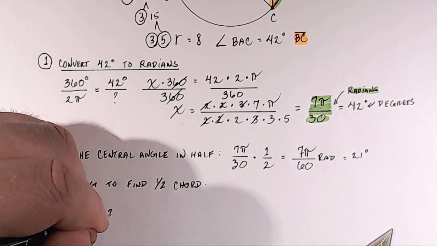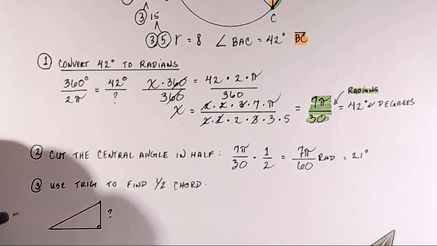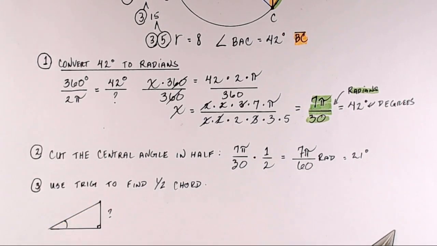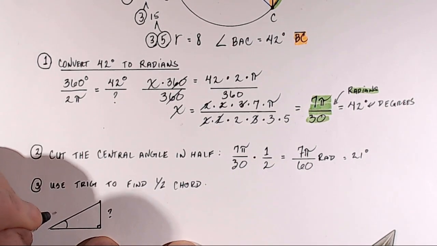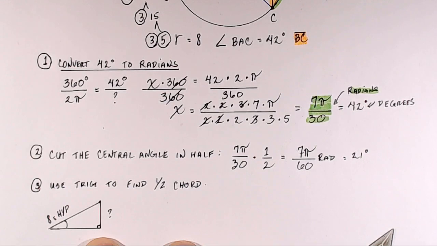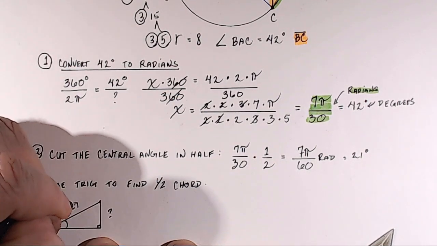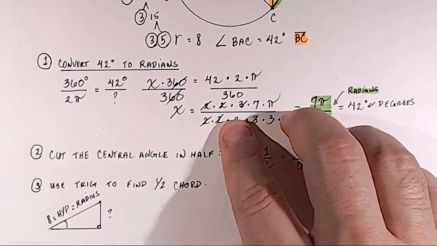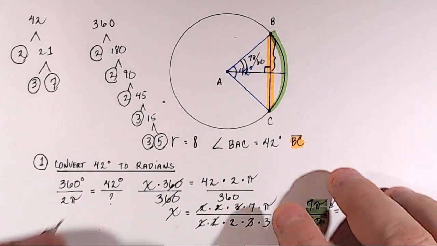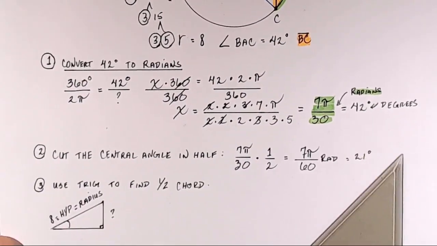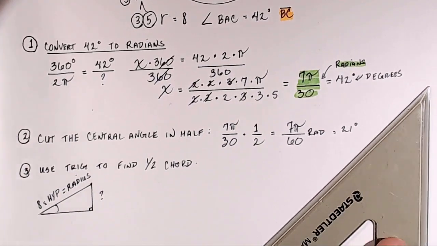I want to know what that is right there, and I know this angle, and I know this distance. This hypotenuse is 8. So 8 is the hypotenuse of this triangle, but this is also the radius of that circle. Remember that? This distance was 8. So we're going to keep that in mind.